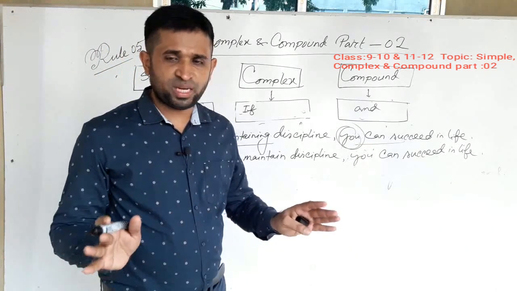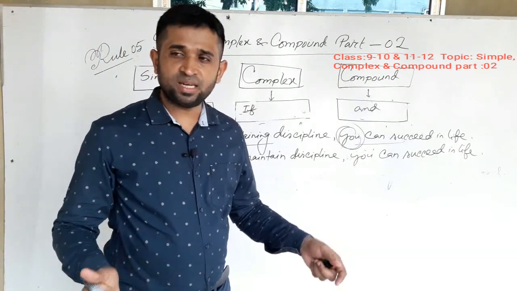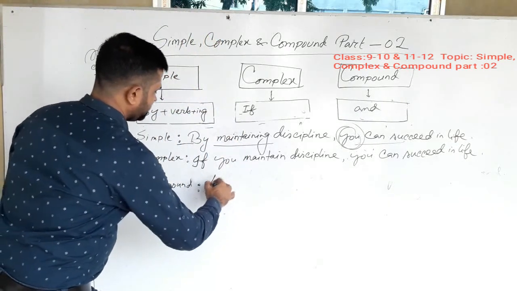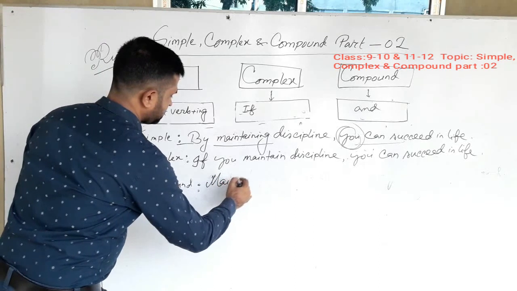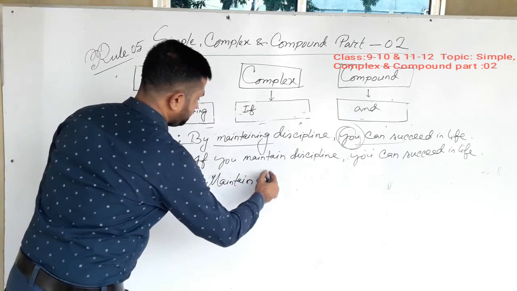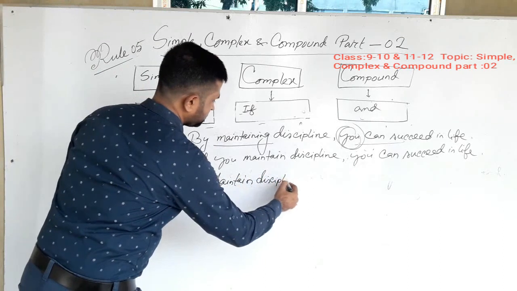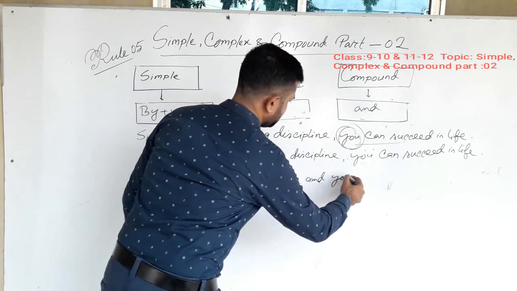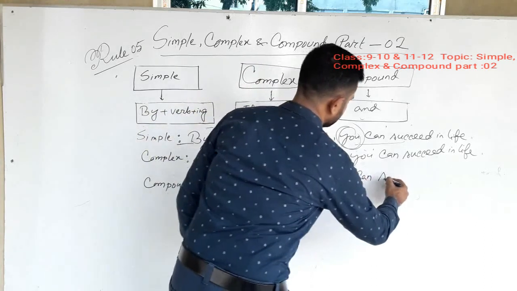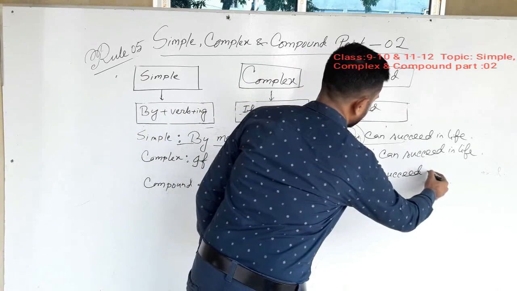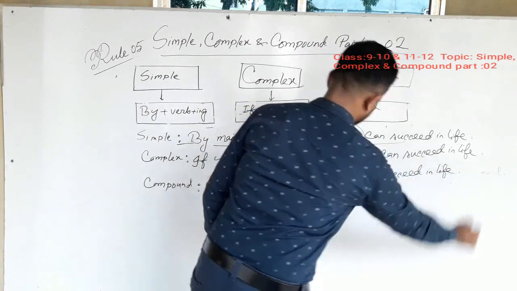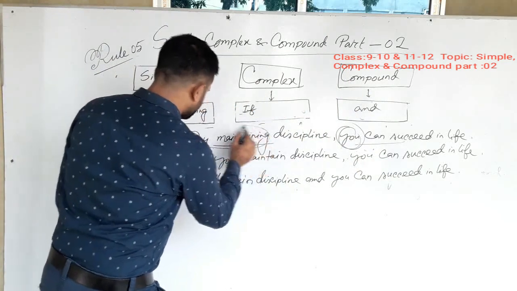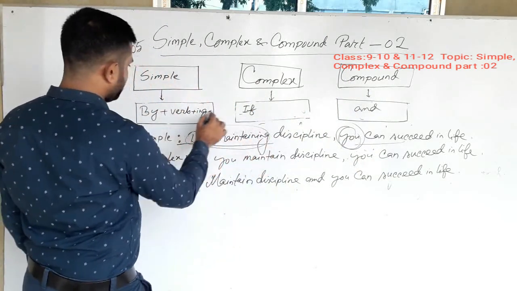That is why we can just write: maintain discipline and you can succeed in life. Dear viewers, we have already used "by maintaining", according to the rules, and we have used "if", according to the rule, and now we have used "and", this is the compound sentence.